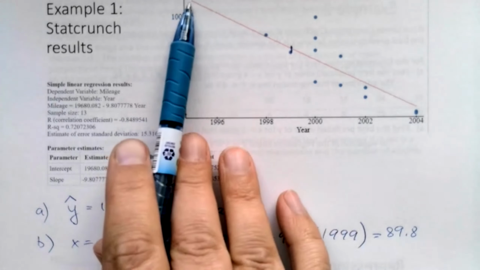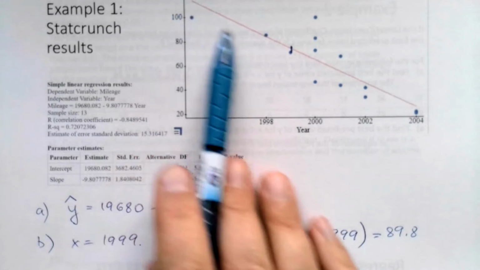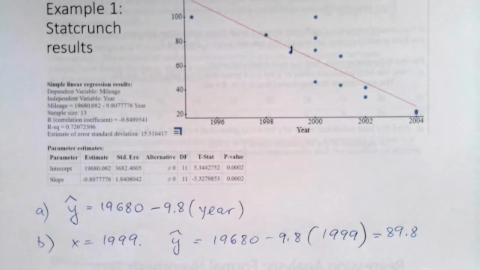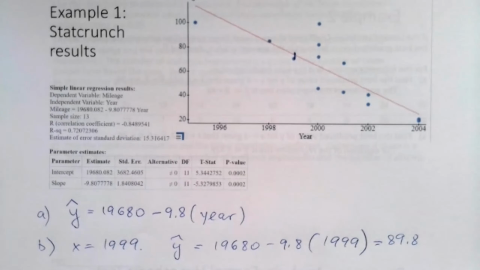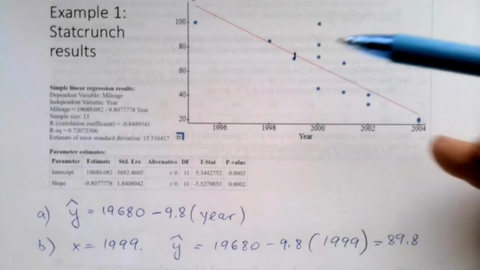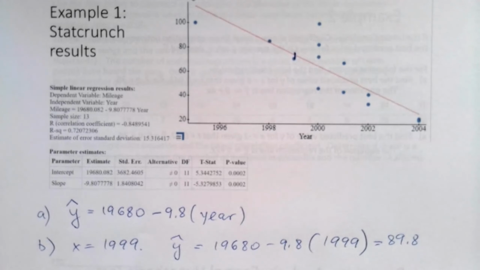And just a side note, the best fit line or the regression line is constructed in a way to minimize the residuals, to make them the least. And that's why sometimes this line is called the least squares line, because it takes the squares of the residuals and finds the line that minimizes those squares.